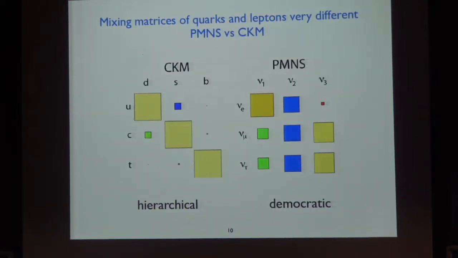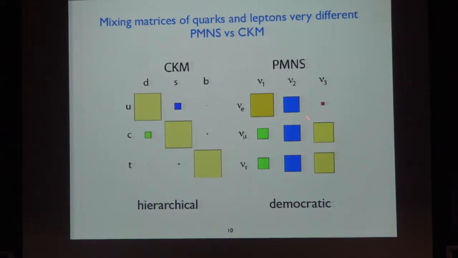And the way they mix, the way they can decay into each other or transform into each other through the electroweak interaction, is very different from quarks. This is the mixing matrix, and it's very hierarchical, by which I mean it's almost diagonal. The terms in the diagonal are almost 1, and these are a little bit smaller, and these are very tiny.